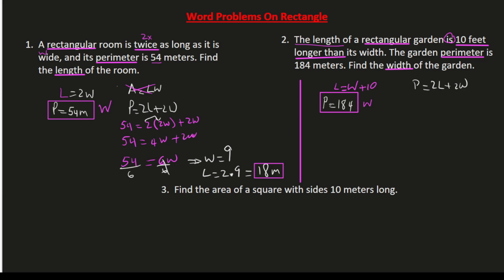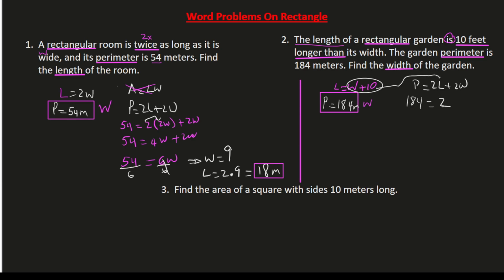So now let's plug in the value of P, which is 184 meters here. 184 is equal to 2L, but L is equal to W plus 10. So we're going to take that and plug it in there.